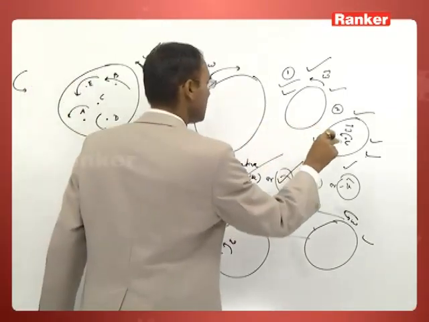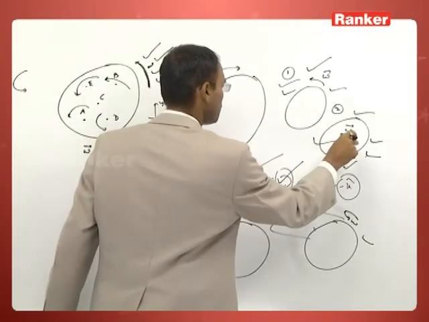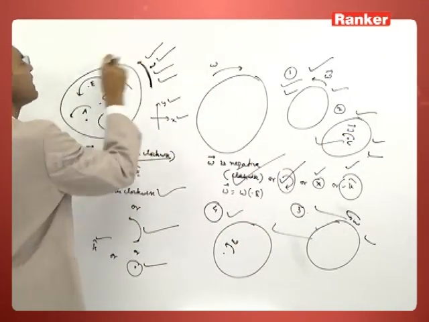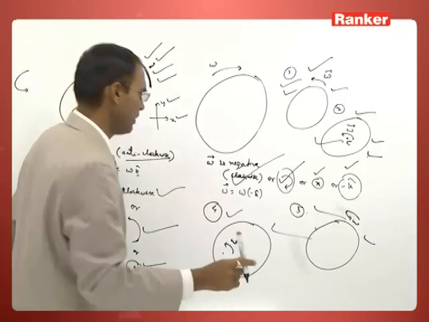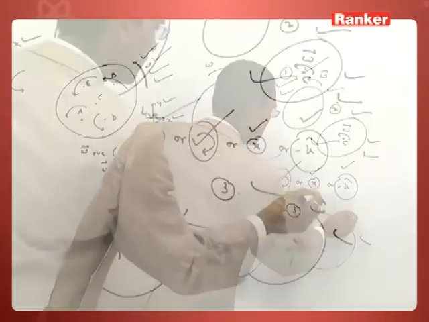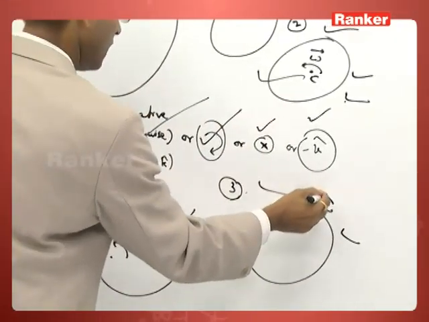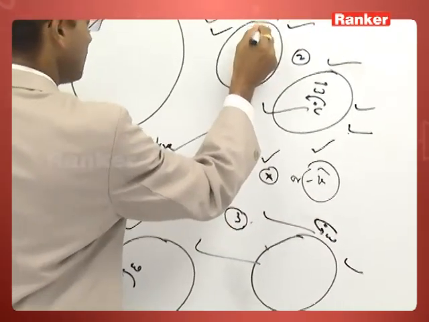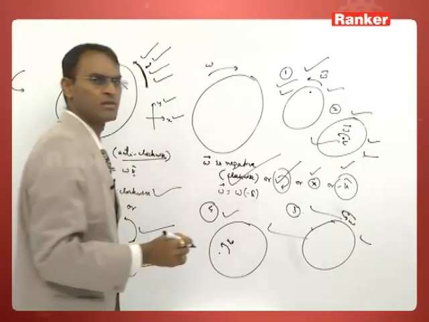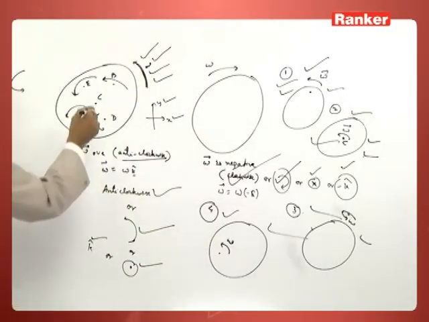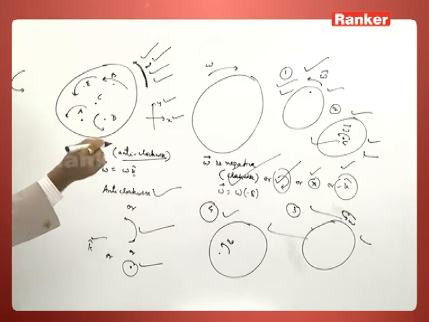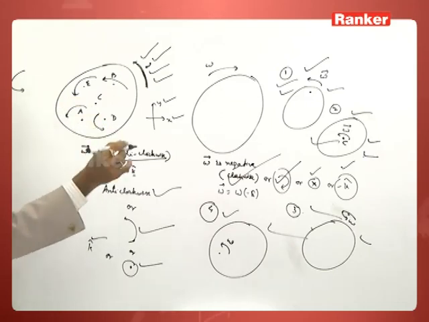So any axis, whether through the center of mass or passing through any other point, inside or outside, doesn't matter. You can take any point outside; about all the axes parallel to the z axis, omega remains the same.